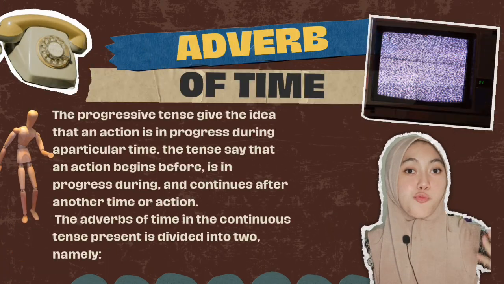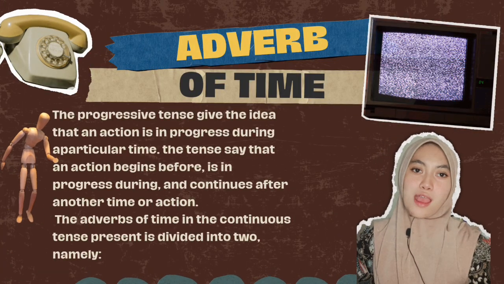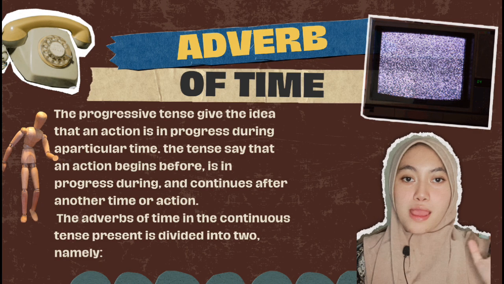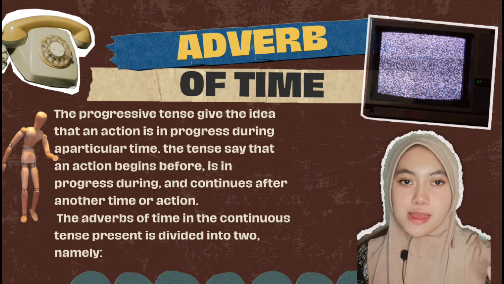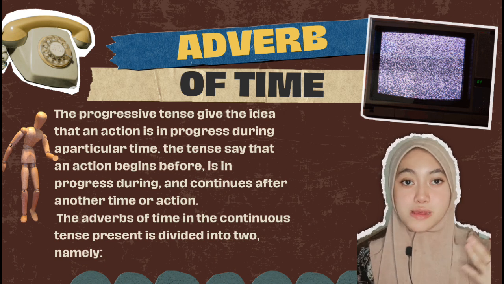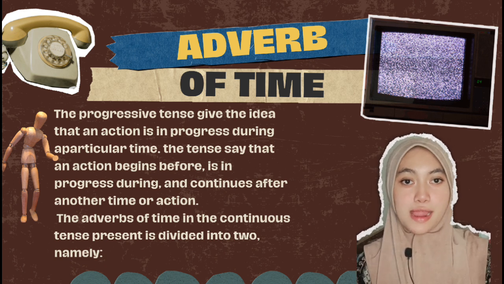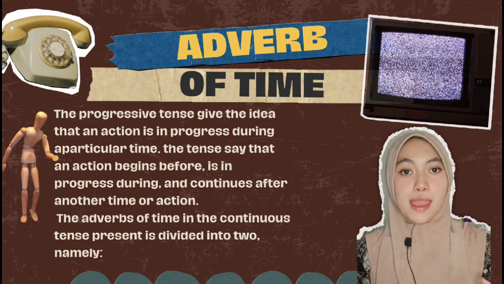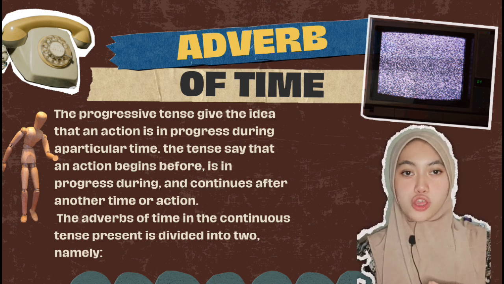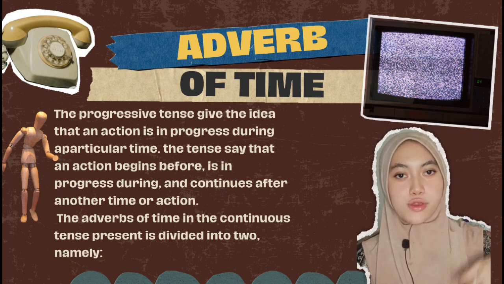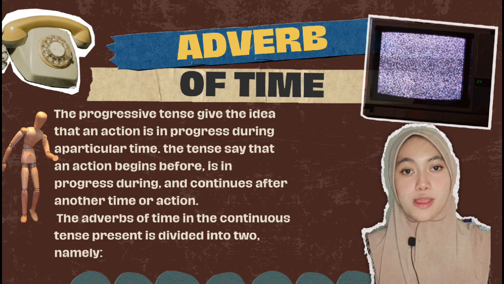When can we use present continuous tense? Present continuous tense has a verb of time. It means the progressive tense gives the idea that an action is in progress during a particular time. The tense says that an action begins before, is in progress during, and continues after another time or action.